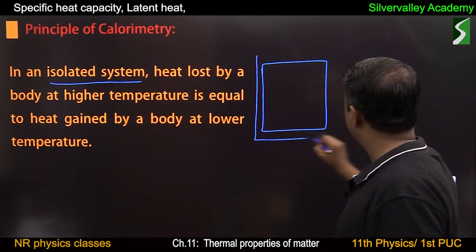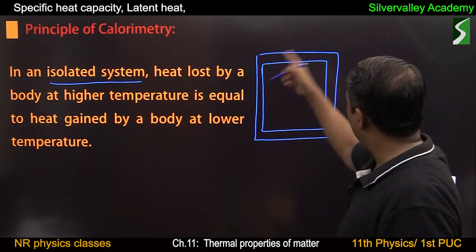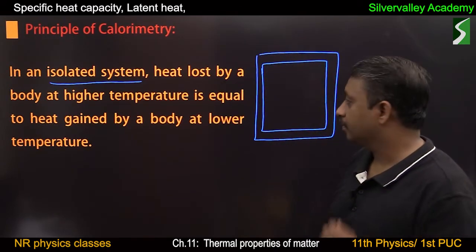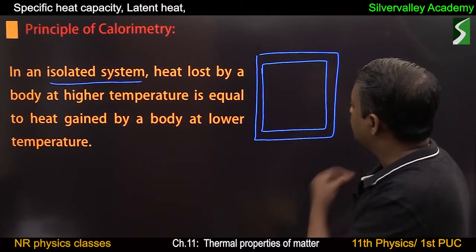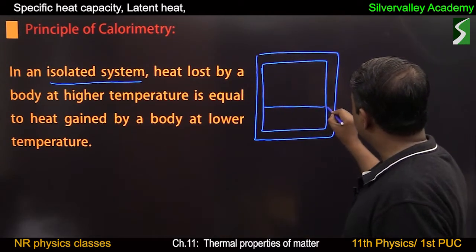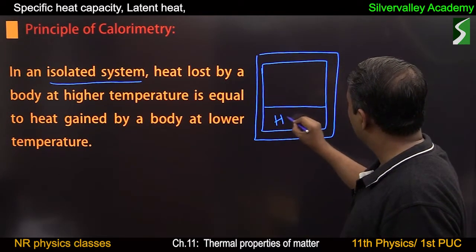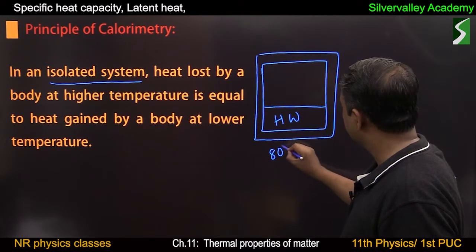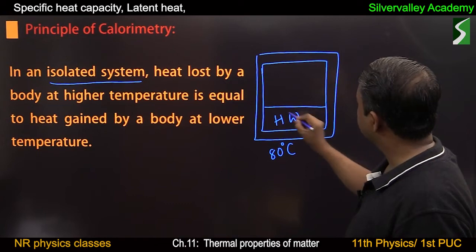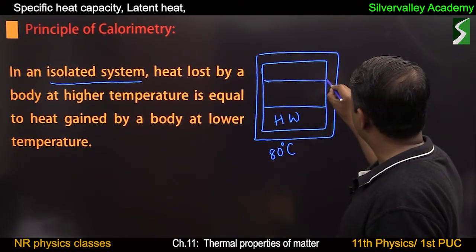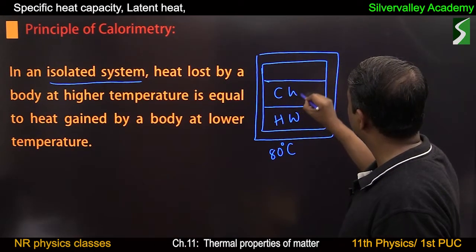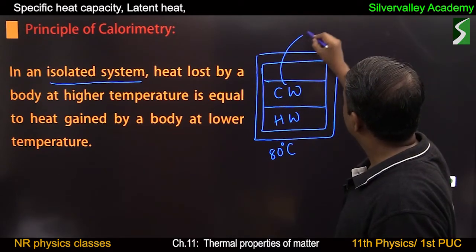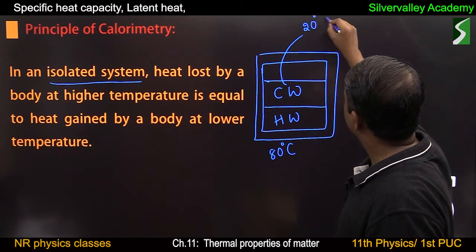Isolated systems are represented by double wall, insulating wall. Now, let there be hot water at 80 degrees Celsius. This hot water is mixed with cold water at 20 degrees Celsius.